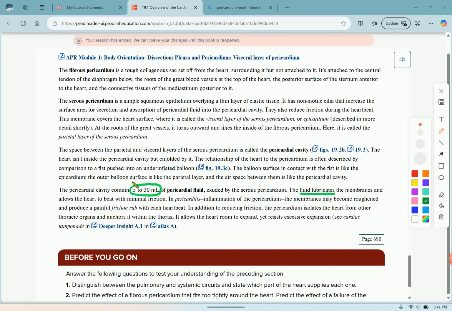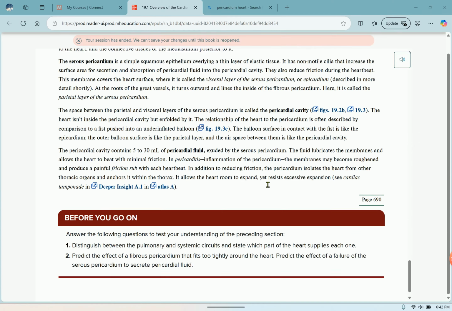If there's too much fluid, usually around 50 milliliters or more, then you get a condition called cardiac tamponade, where there's so much fluid it's squeezing down on the heart and creating contraction problems.